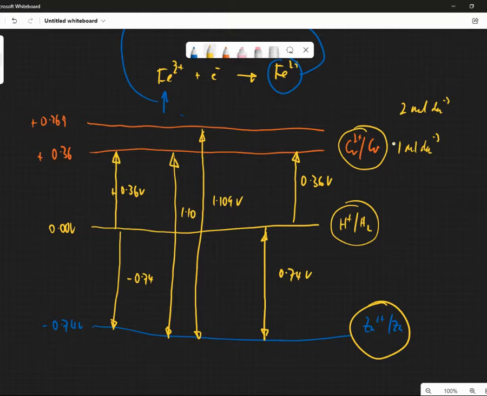But if I hook up the copper and the zinc, I just add these two numbers and I'll get an electrode potential of 1.1 volts. But if I do a new copper, my non-standard copper, I'll get a bigger voltage. Yes? So, listen very carefully. Does that make sense now, Ndibo?